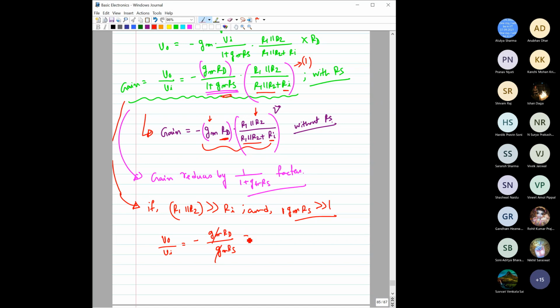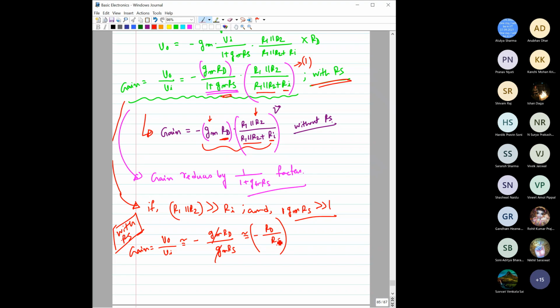So gm cancels and it becomes RD by RS, right? I should put an approximate sign here. So the small signal gain with RS can be reduced to RD by RS, right?